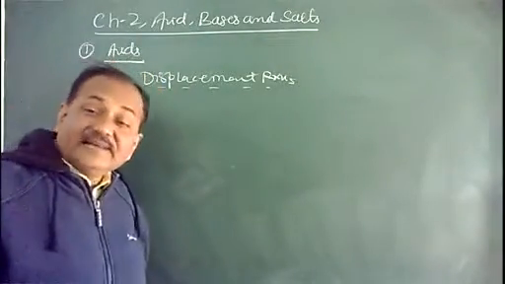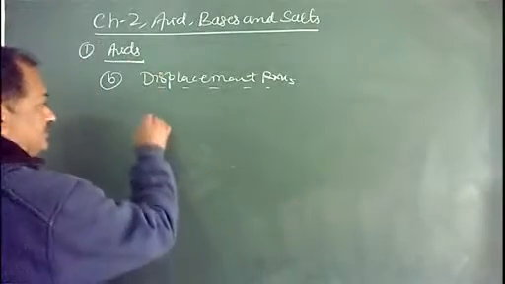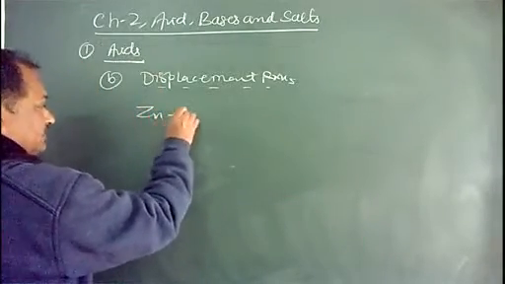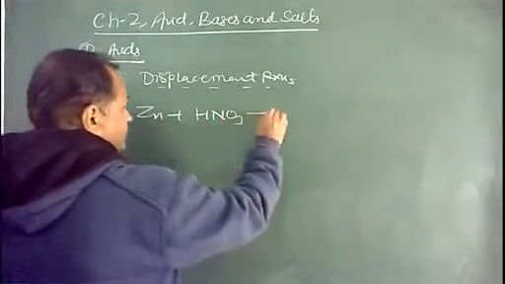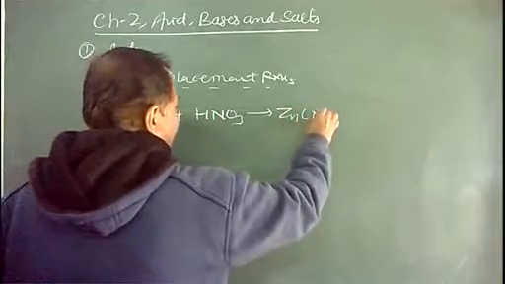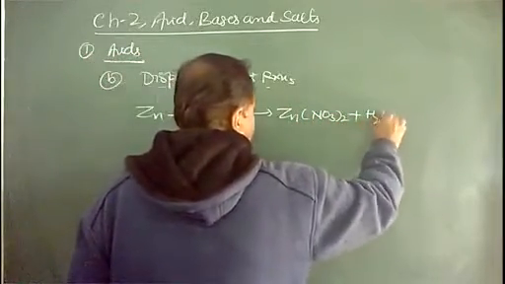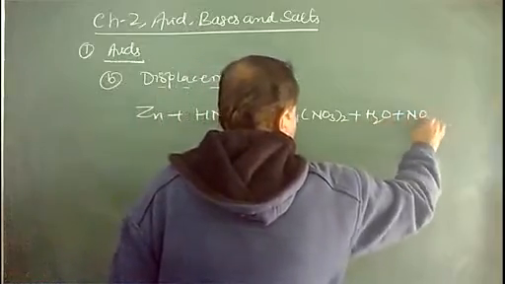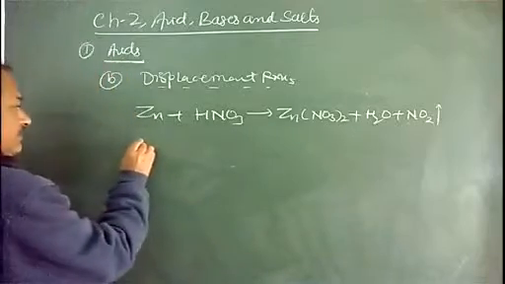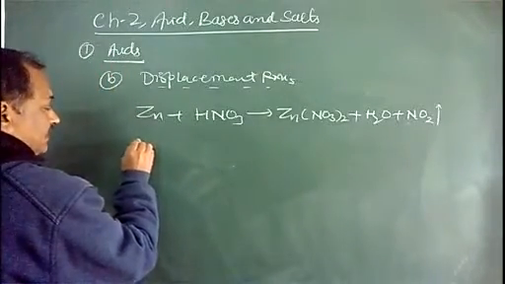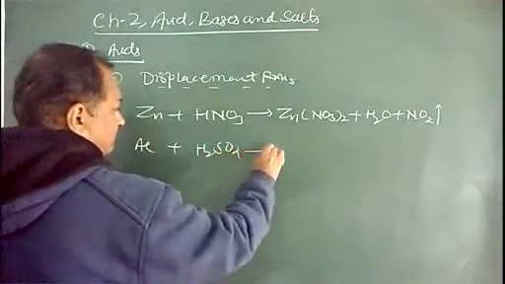Similarly, if you take nitric acid or sulfuric acid, children, if you take zinc and HNO3, there is formation of zinc nitrate plus H2O, and here children there is NO2 gas. This is an important point. Now I am writing another point, that is aluminium plus sulfuric acid.